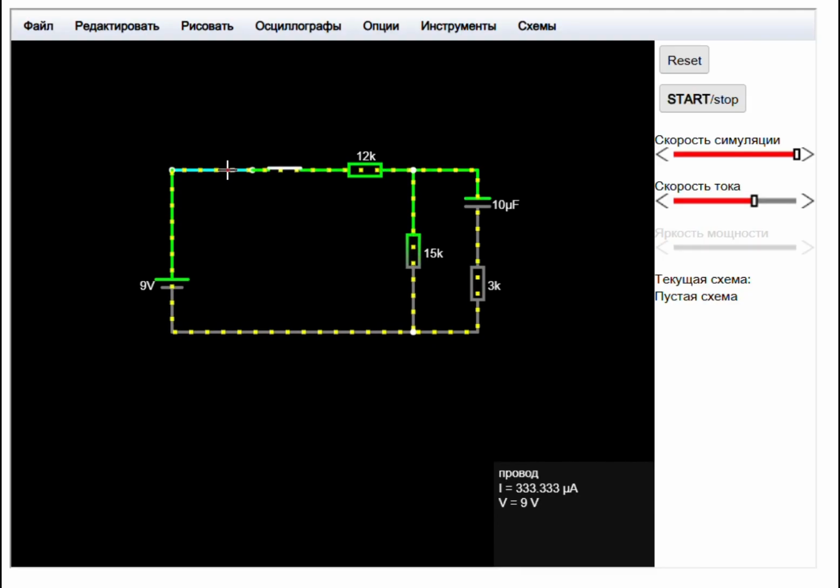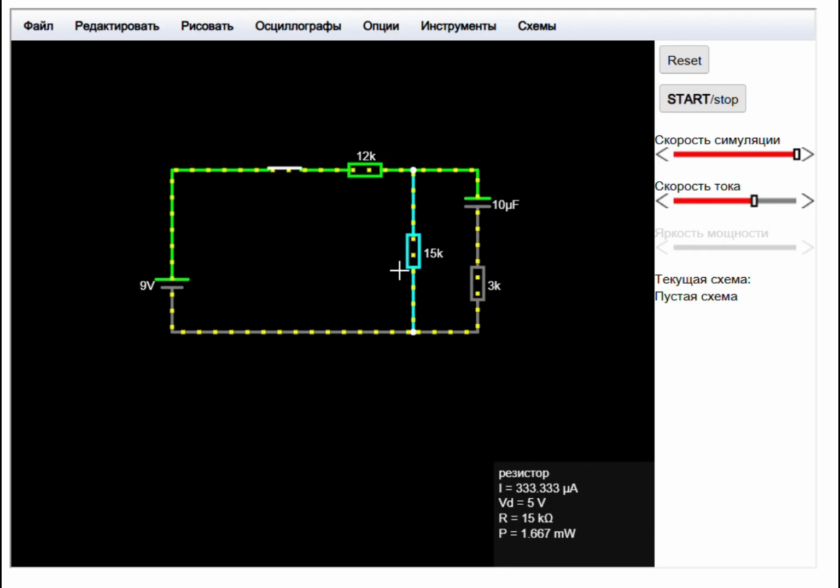We can just consider that small circuit, which has two resistors, one of them 12 kilo ohm, and the second one 15 kilo ohm.